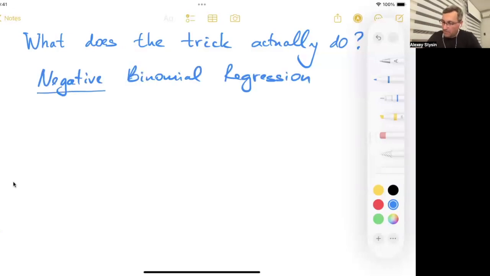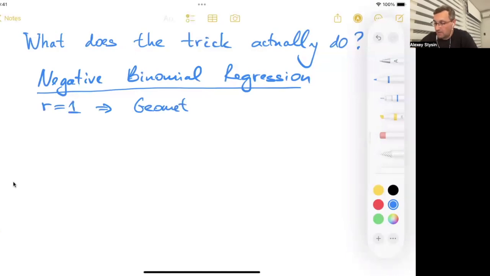I will give more background on negative binomial regression in a second, but actually this is a special case of it, where the variance parameter, called R, assumes a special value. R is going to be equal to 1, and this results in the negative binomial distribution reducing to the geometric distribution. So therefore, this should probably be called the geometric regression.